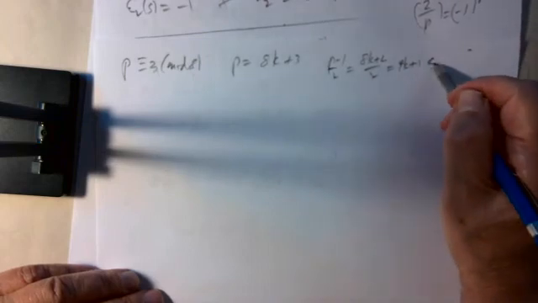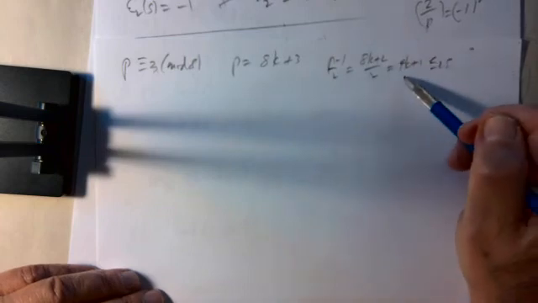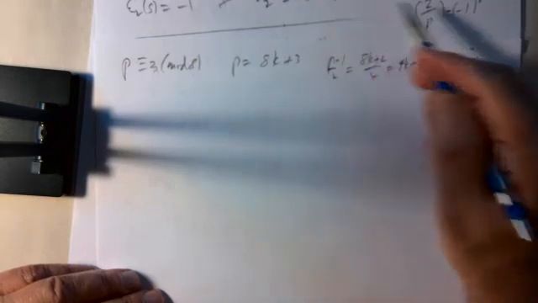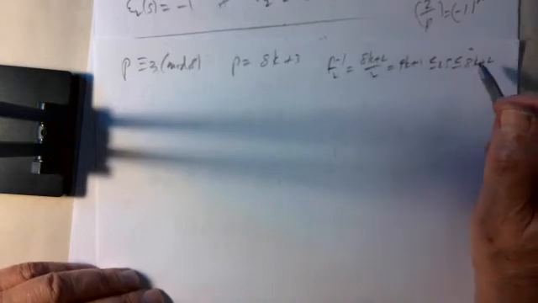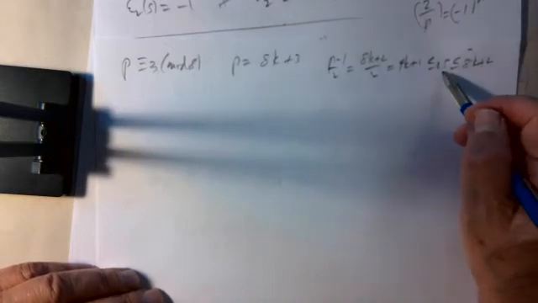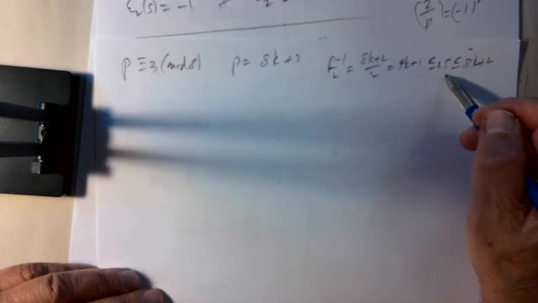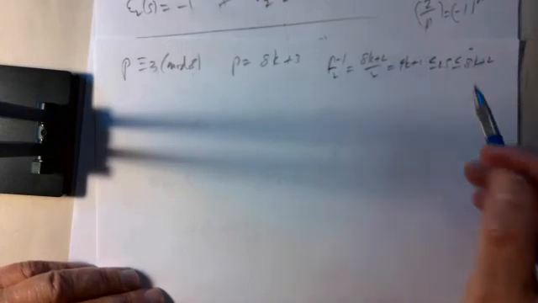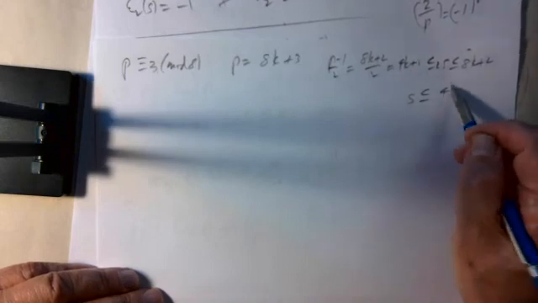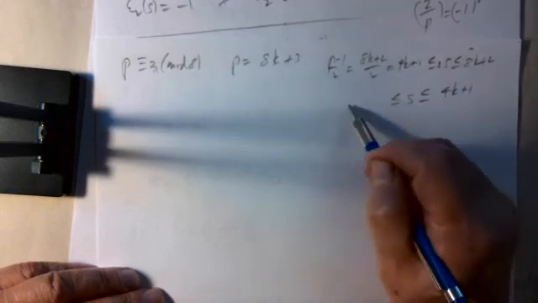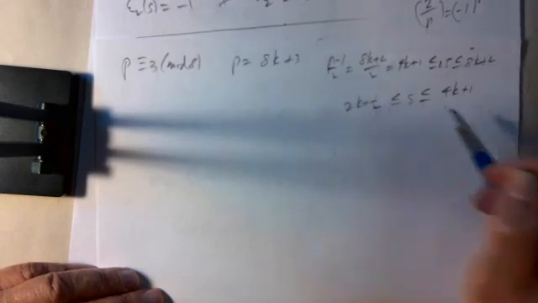And 2S is going to be between that and P minus 1, which is 8K plus 2. Which means S, dividing by 2, is greater than or equal to 2K plus a half.